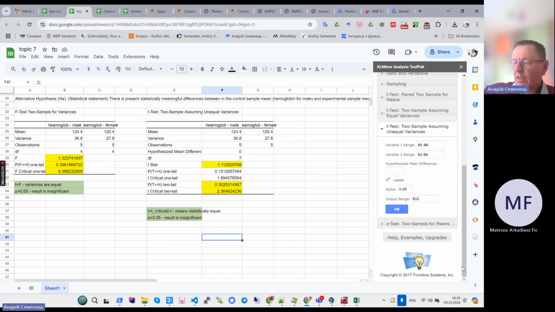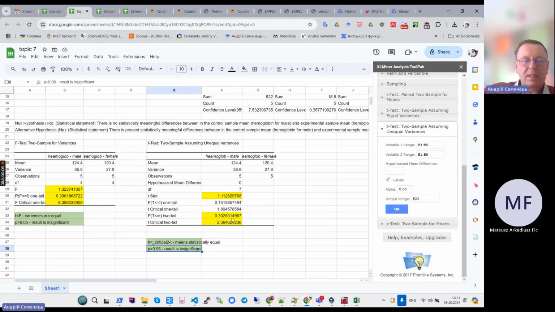In our case, we can say that hemoglobin depends on gender or does not depend. We just don't have evidence for this. And if I have to write my article, I just have to present this result and conclusion, and the conclusion will be: we do not have enough evidence to make our statement.